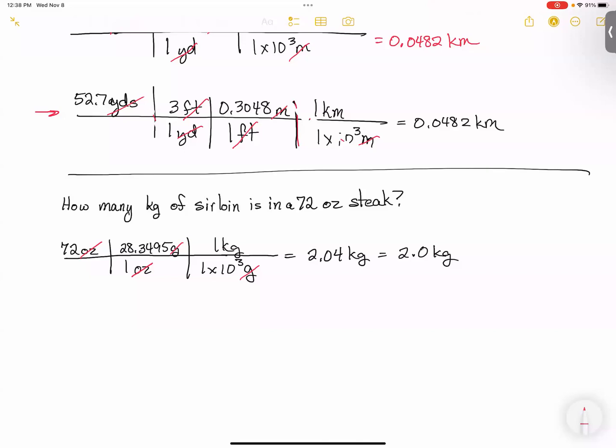I've given you a shortened version of those conversion tables. There are more conversion possibilities out there. There's 16 ounces in a pound, so I could have gone 16 ounces to 1 pound, and then 1 pound to 2.2 pounds to a kilogram. No, 2.2 kilograms to a pound. I've got to look it up.